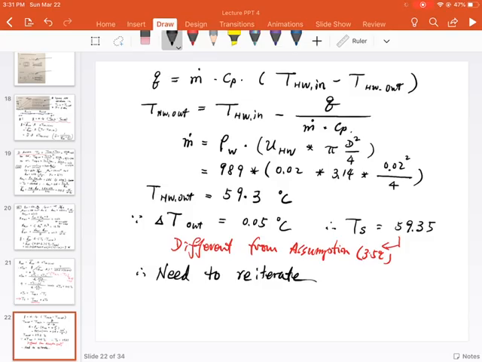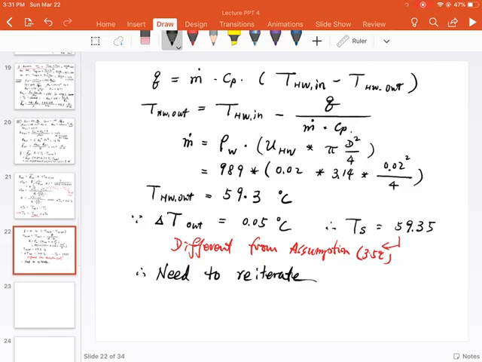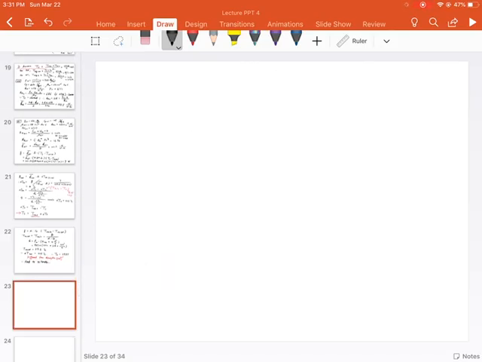But I would probably choose something in between the first assumption and the first calculation. Hopefully that can speed things up a little. We know that the first assumption is too low because the first calculation is much higher.